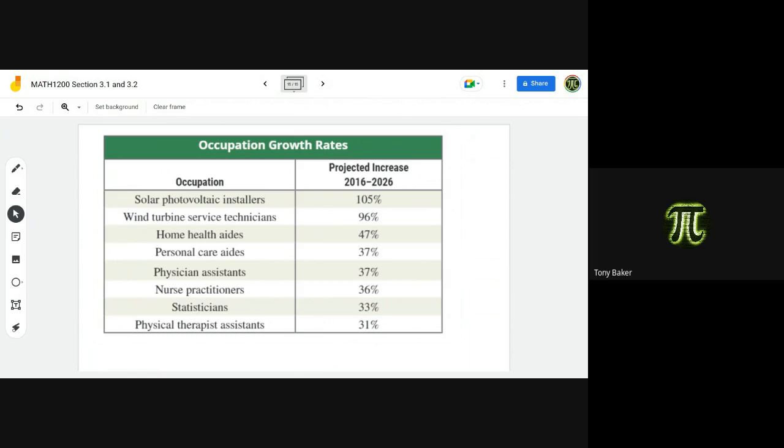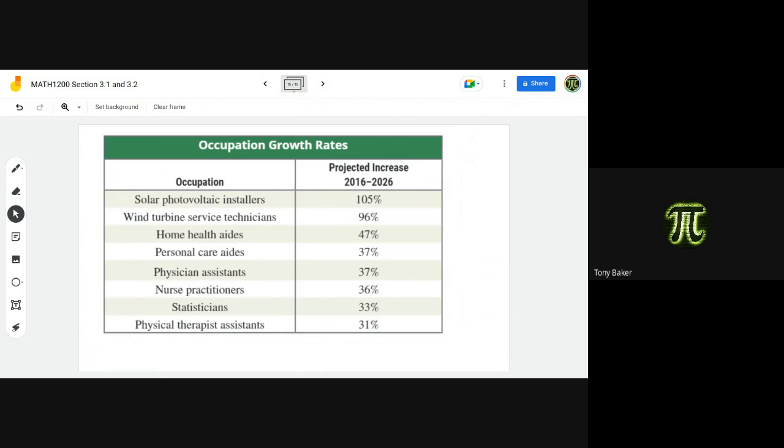Relative means that we're comparing it to some other number, right? Like the first one we did, we compared it to the total. We divided them by the 1,250 people and found the relative frequency there. The one for Parkinson's, we divided by the 462 people. It didn't add up to 100, but we were able to divide to figure out that number. This is a projected increase, not a relative percentage number.